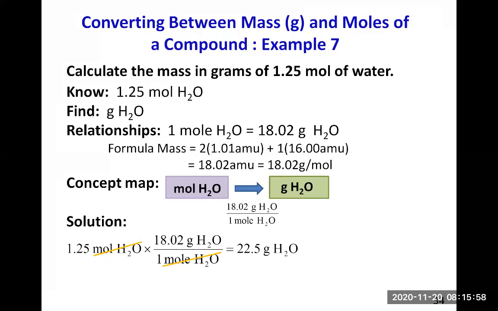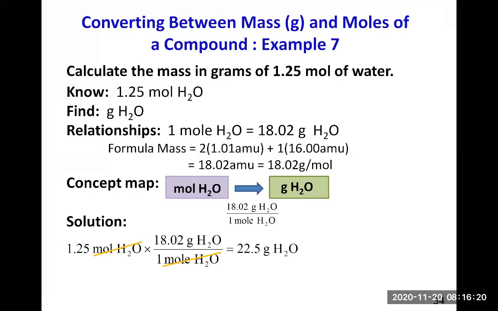Here it's already rounded to 3 sig figs for you because the given amount had 3 sig figs. So it's rounded to 22.5, because what comes after the 5 is a 2, so you keep the 5, you round down. So 22.5 grams of water contain 1.25 moles of water.